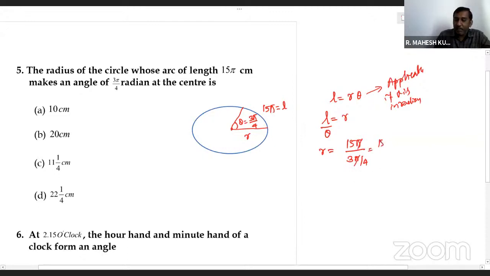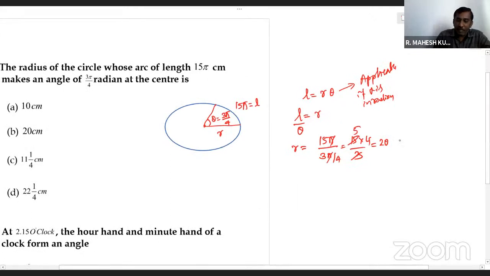It is 15 into 4 divided by 3. 3 fives are 15, so 5 into 4. So you are going to get 20 centimeters. Length of the arc is given, and the length of the radius is going to be 20 centimeters. So option B is going to be the correct answer, right?